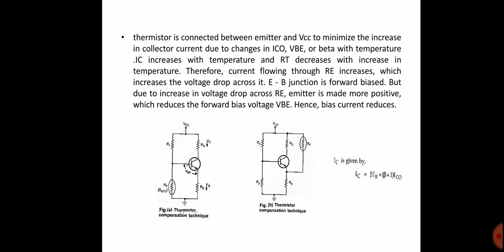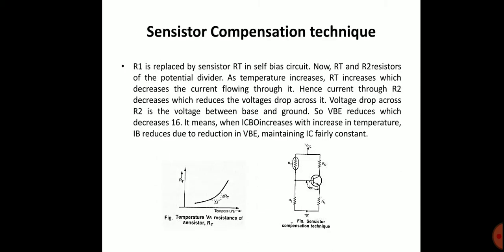Now another one, the sensistor compensation technique. Here R1 is replaced by a sensor RT itself in the circuit. Now RT and R2 form the potential divider. As temperature increases, RT increases, decreasing the current flowing through it. Hence the current through R2 decreases, reducing the voltage drop across it.